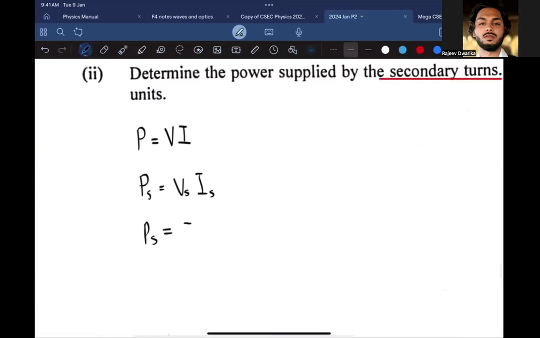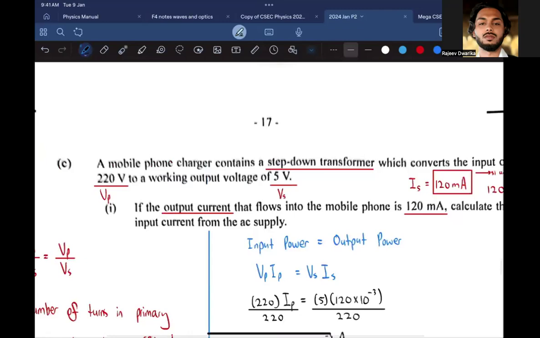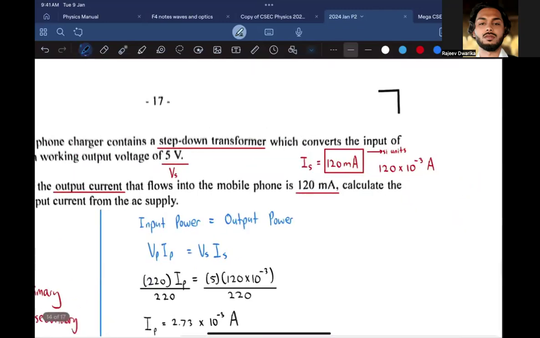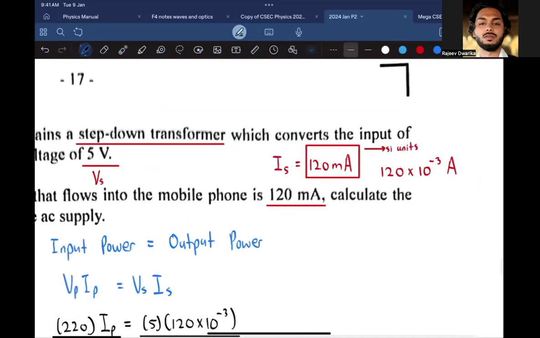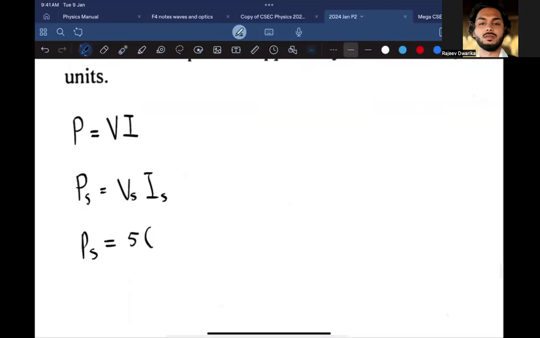And what is the current in the secondary? The current in the secondary was 120 × 10 to the power minus 3, right? So I want you to plug that into your calculator and let me know what you're getting.